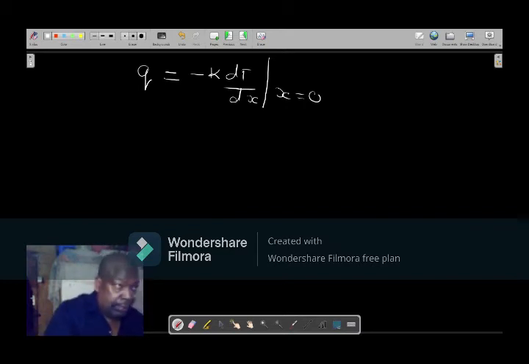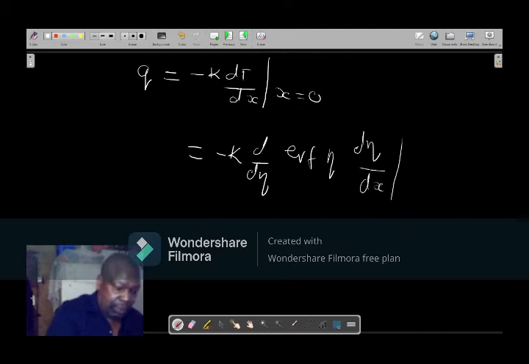So this is the same as minus k times d by d eta of the error function of eta, times d eta by dx, evaluated at eta equals 0.